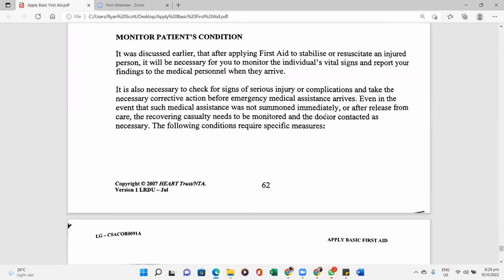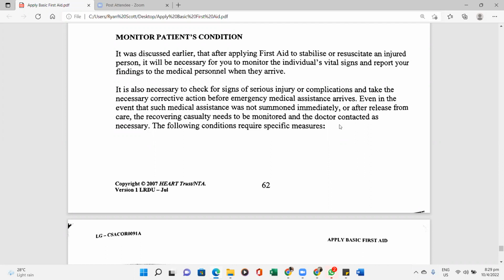Oh, stop. Hold on. All right. Monitor patient's condition. It was discussed earlier that after applying first aid to stabilize and resuscitate an injured person, it will be necessary for you to monitor the individual's vital signs, and report your findings to the medical personnel when they arrive.